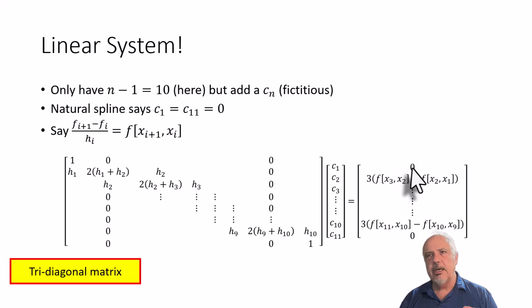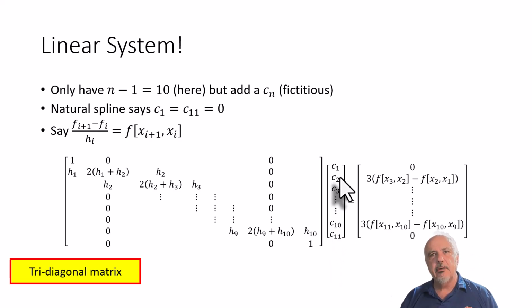And then on the right hand side, you've got that equal to 0. So that first equation actually is C1 equals 0. Similarly, the last row has all zeros except for the very bottom right diagonal element 1 that goes with C11, and that's going to be equal to 0. So that forces C11 to be 0. That takes care of the C1 and C11.